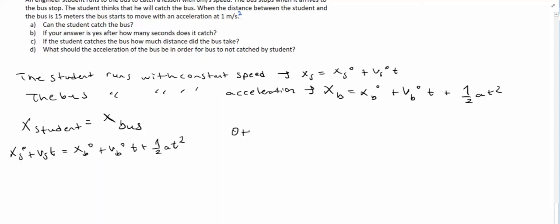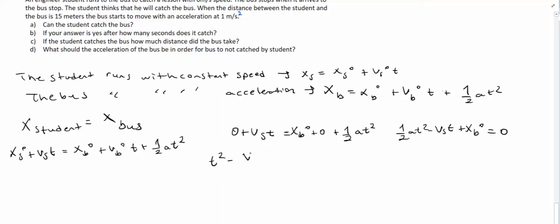And now 0 plus v student times t should equal xb0 plus 0 plus 1 over 2 a t squared. Therefore, 1 over 2 a t squared minus v student times t plus xb0 is equal to 0. Then t squared minus 2 v student over a times t plus 2 xb0 over a should equal 0.